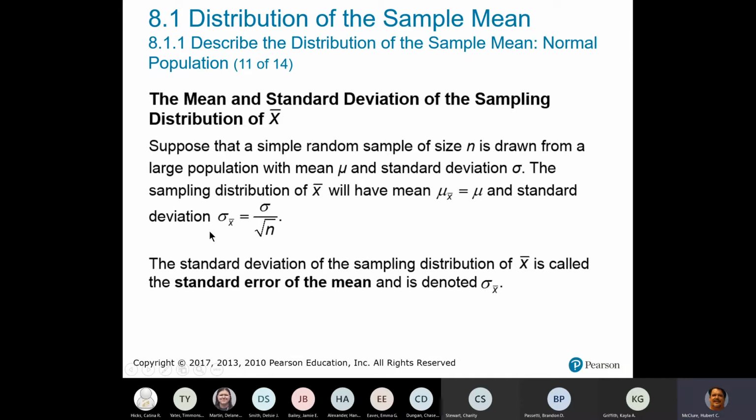And the new standard deviation, the standard deviation of the mean, will be that right there. So that's a very important paragraph. The standard deviation of the sampling distribution of X bar is called the standard error of the mean, and write that down.